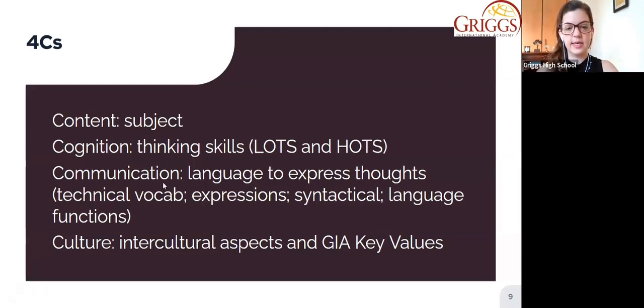The next C is communication, which means language. Language to express thoughts, technical vocabulary, expressions, syntactical language functions. So what is the language that they're going to need? Key vocabulary and structural language, chunks of language.